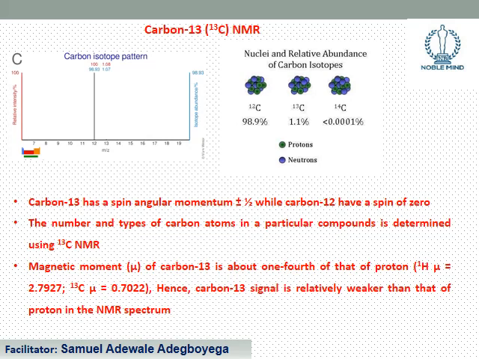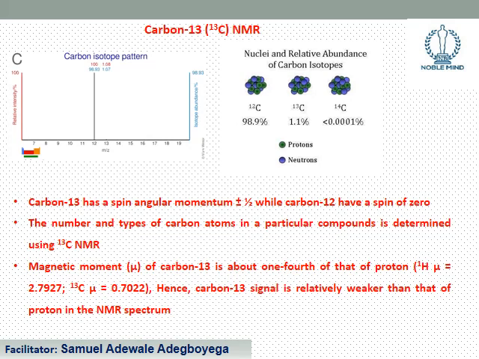In my previous classes I have discussed UV-visible spectroscopy, and most recently nuclear magnetic resonance spectroscopy, which we know as NMR, where I discussed proton NMR and the introduction to NMR. In today's class, I shall be discussing carbon-13 NMR.